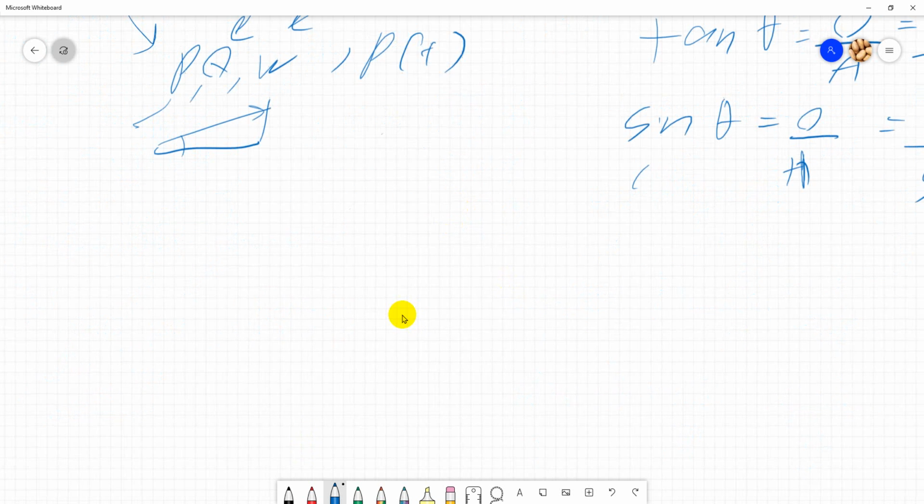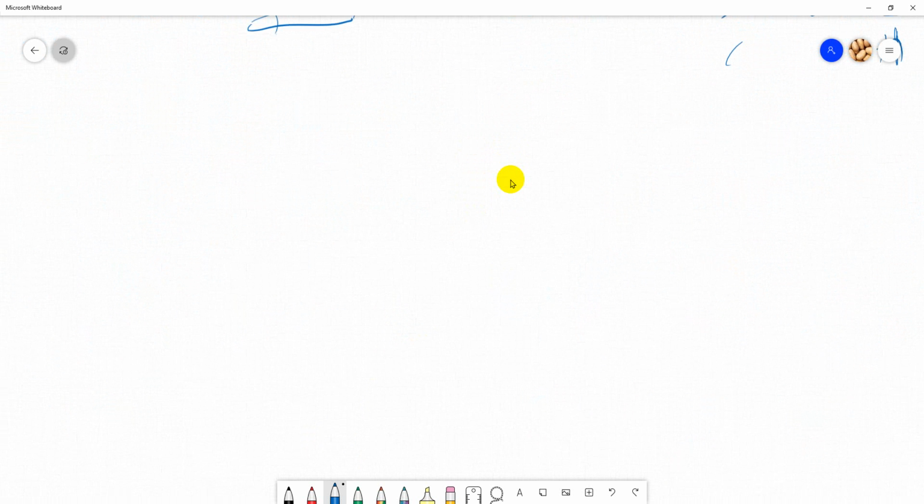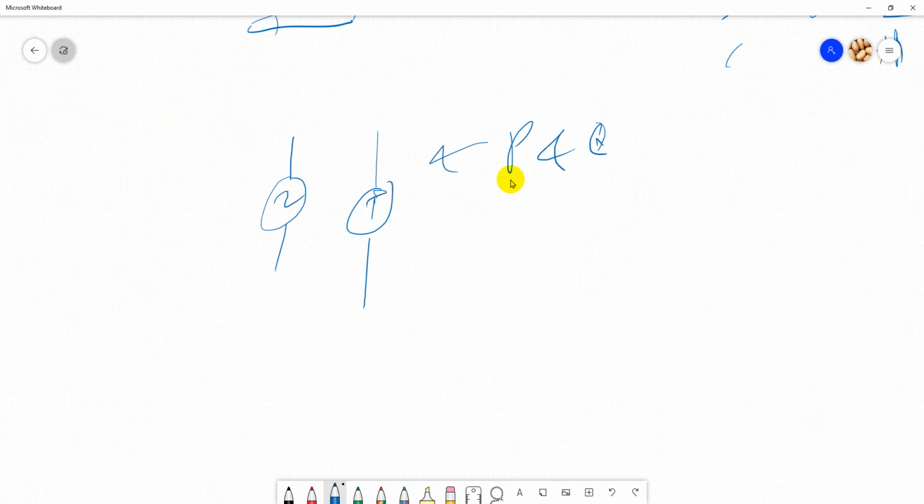For example, I said before that a power supply supplies P and Q. But if you adjust, remember that Q can be positive and can be negative. If you balance it out, Q can be 0.